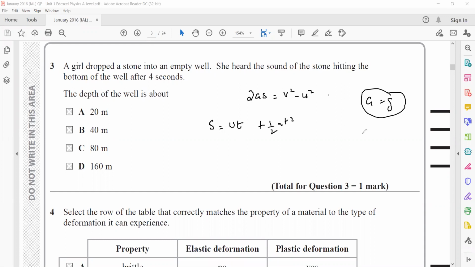The initial velocity is 0, so that term will not be there, so s is equal to 1 by 2 g t squared. So s is equal to 1 by 2, gravity is 9.8 and the time 4, so 4 squared is 16, multiplied by 9.8 divided by 2, that is approximately 80, so C will be the right answer.